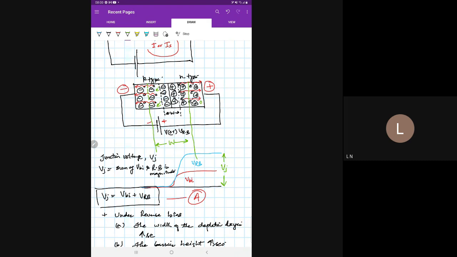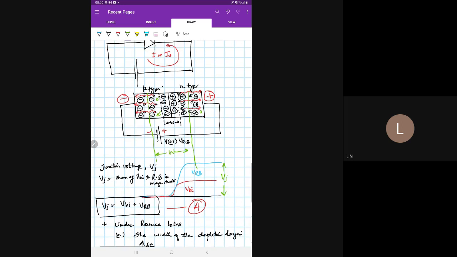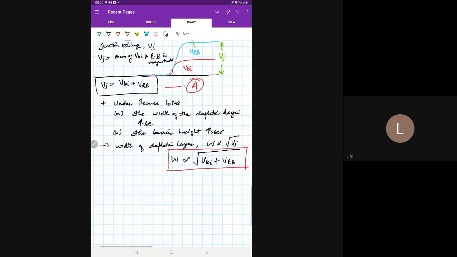Current is established only when these electrons move towards the N side and these holes move towards the P side. But the charge carriers that flow to the opposite side are already minority carriers.